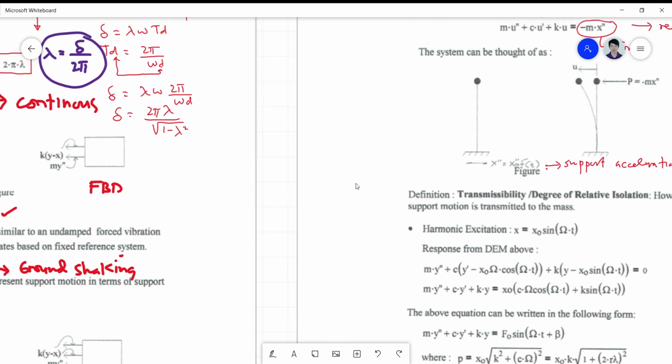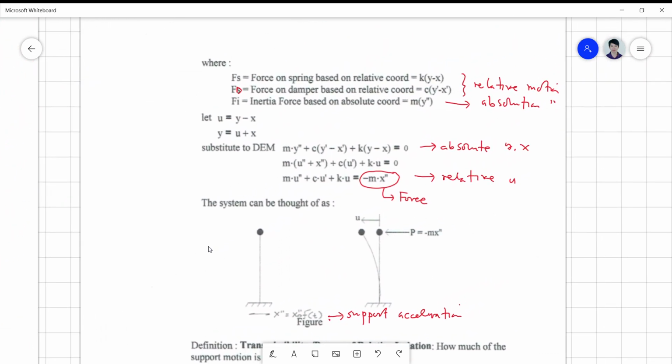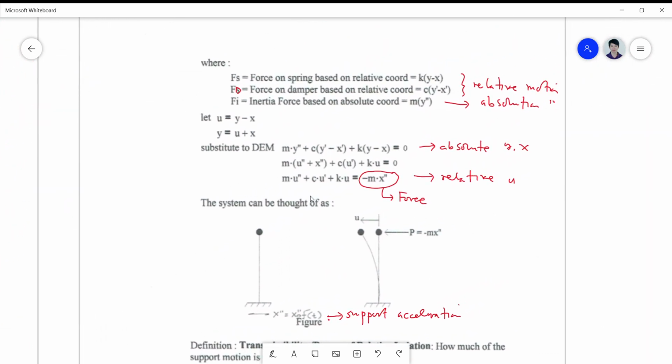Okay, so if we now continue deriving a relation and converting the absolute parameters into a relative parameter u, we see that u represents the relative motion y minus x, and if we solve for y, y is equal to u plus x.